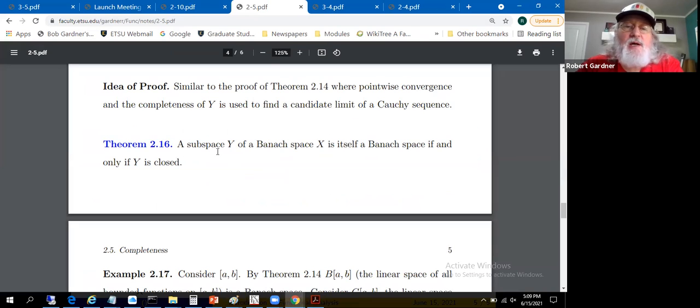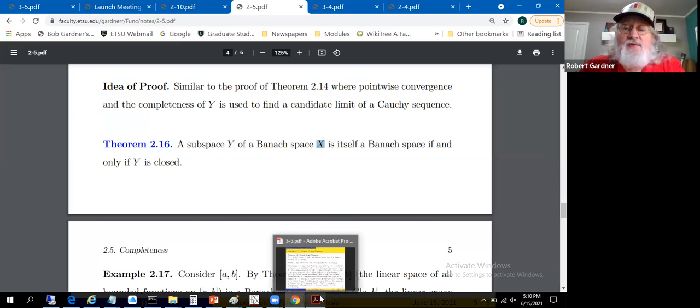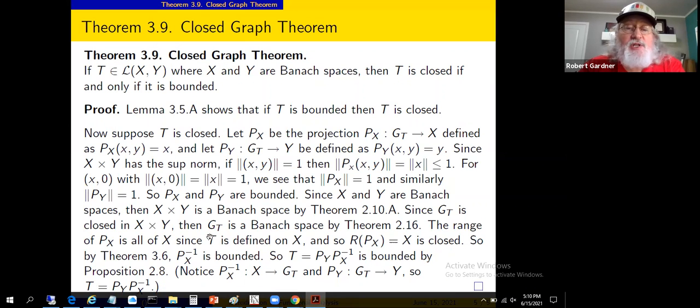Theorem 2.16, a subspace Y of a Banach space X is itself a Banach space if and only if Y is closed, if the subspace is closed. Here the subspace is the graph. The graph is closed, the big Banach space is the Cartesian product X times Y. But applying Theorem 2.16 gives us that G sub T is itself a Banach space. The graph of T is a Banach space. The range of the projection is all of X. Think about it.